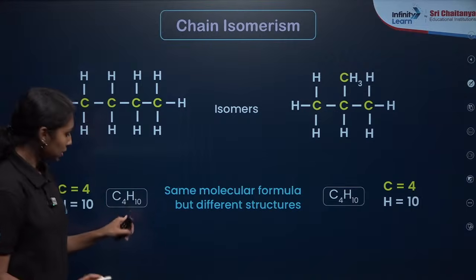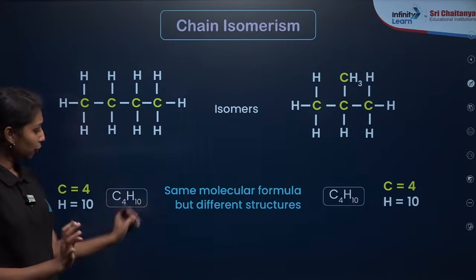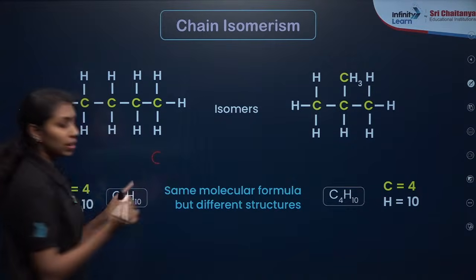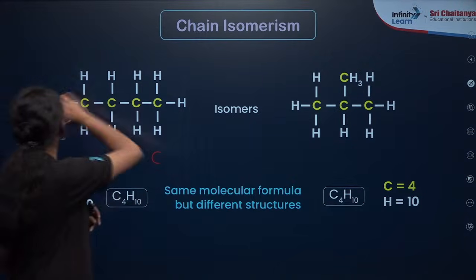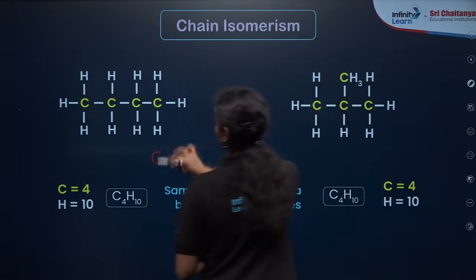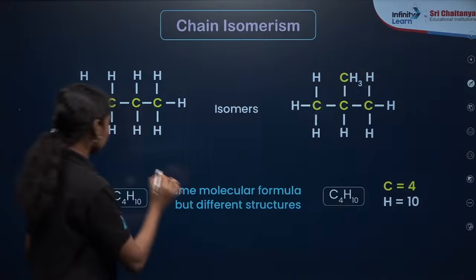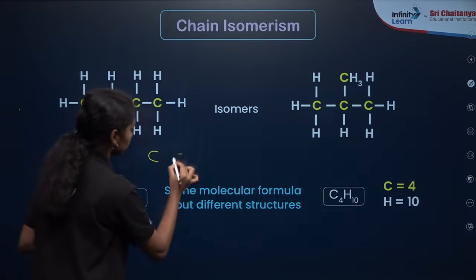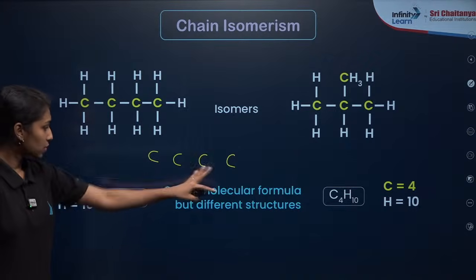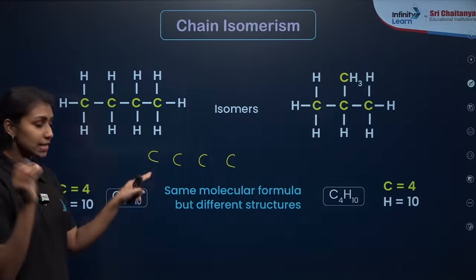For example, I am asking to make a structure for this compound C4H10, right? C4H10. So what do we have to do first? We need to draw 4 carbons. C4, right? 4 carbons. So what is remaining here? 10 hydrogens are present, right?